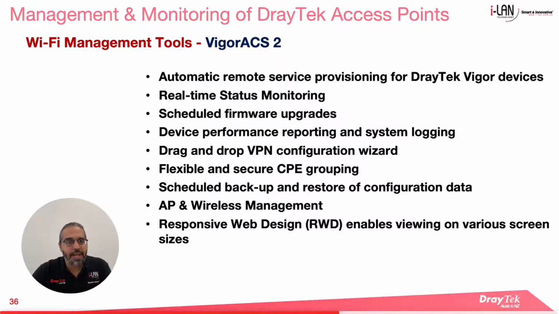As you can see, the package offers so much more than Vigor Connect, including automatic remote service provisioning for DrayTek Vigor devices, real-time status monitoring, scheduled firmware upgrades, device performance reporting and system logging, a drag-and-drop VPN configuration wizard, flexible and secure CPE grouping, and as with Vigor Connect, it also features a responsive web design which enables viewing on various screen sizes.